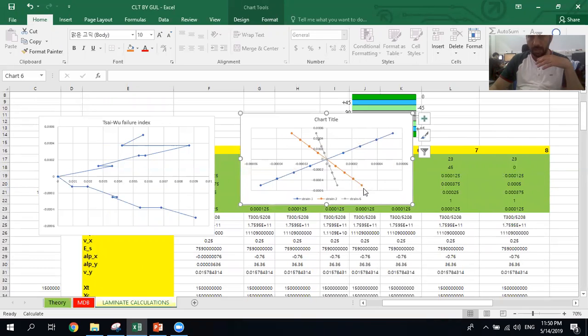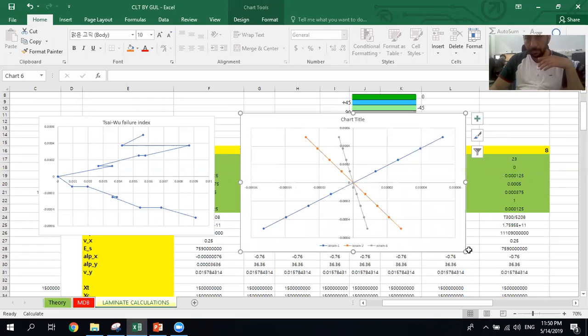You see, this is the graph which I have plotted using this CLT tool. We can see the strain formation, epsilon 1, epsilon 2, and epsilon 6.